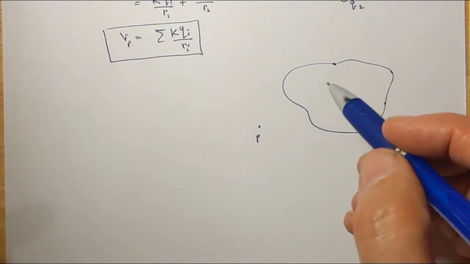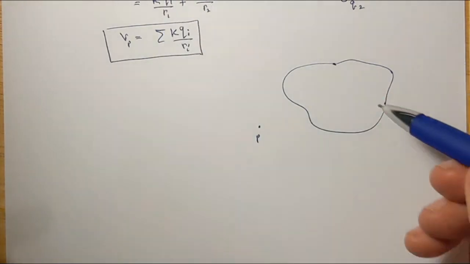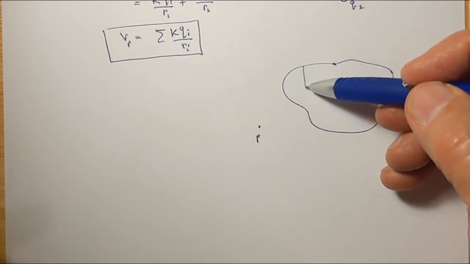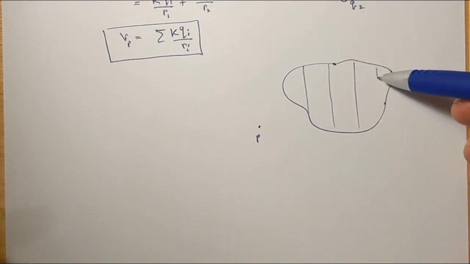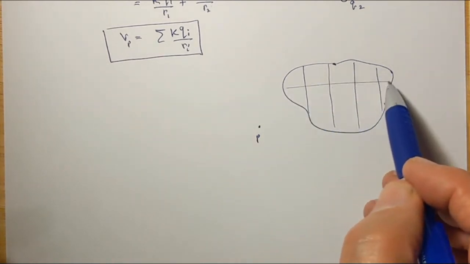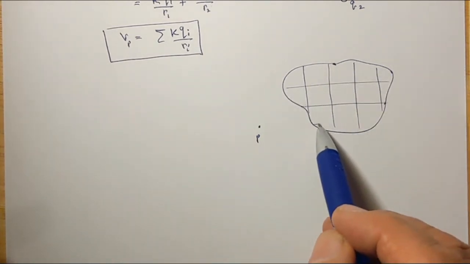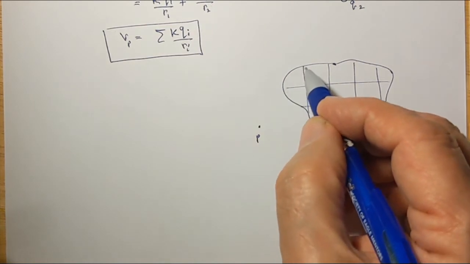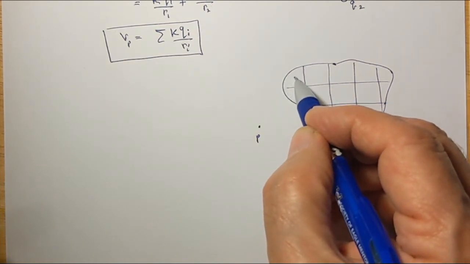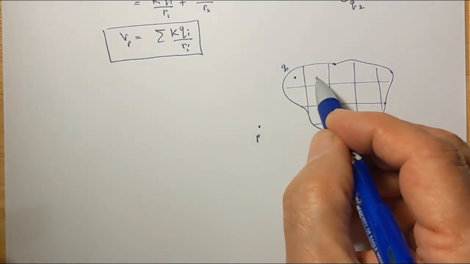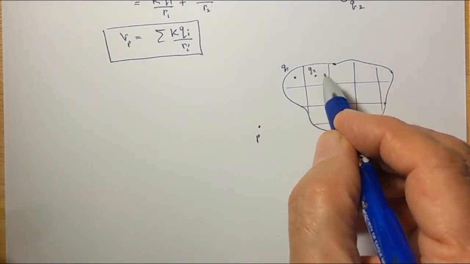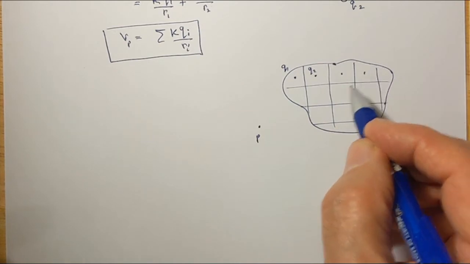So we can go by what we did before and say that we'll divide this into a number of parts, and we can say that the charge in this whole region is concentrated here, and that's Q1, and the charge in this region is concentrated here, we call that Q2 and Q3 and Q4 and so on.